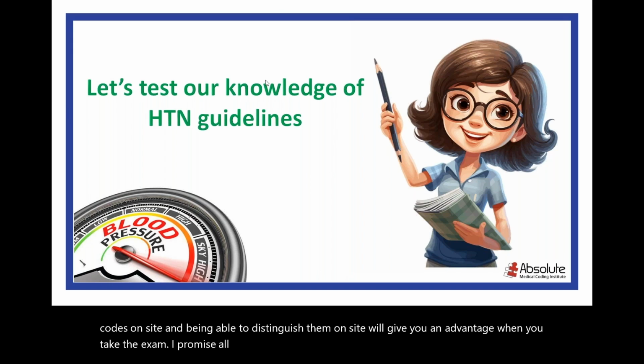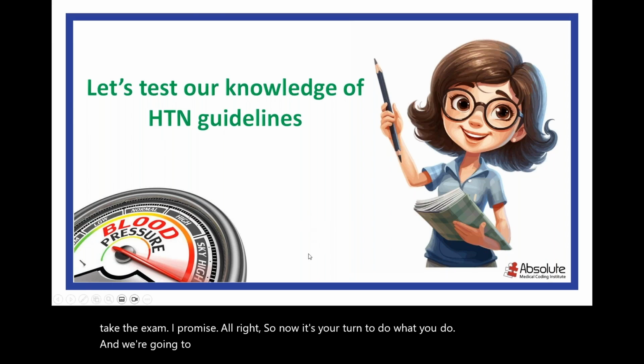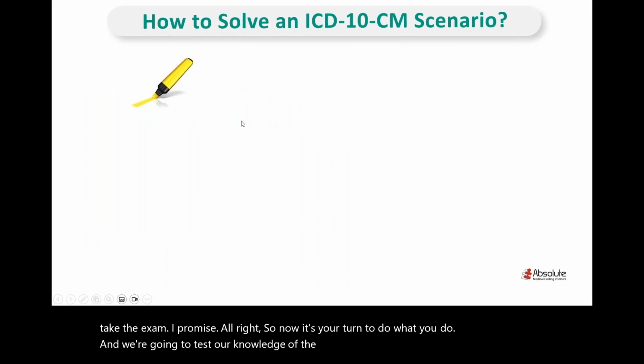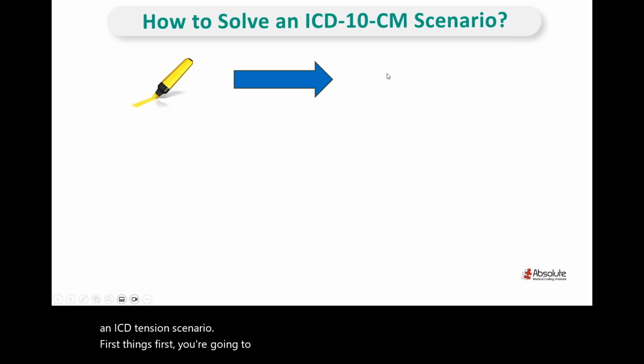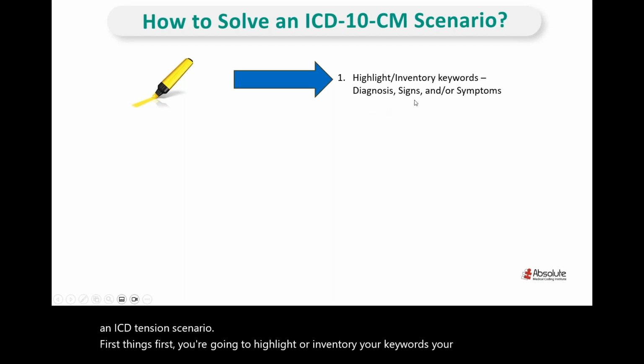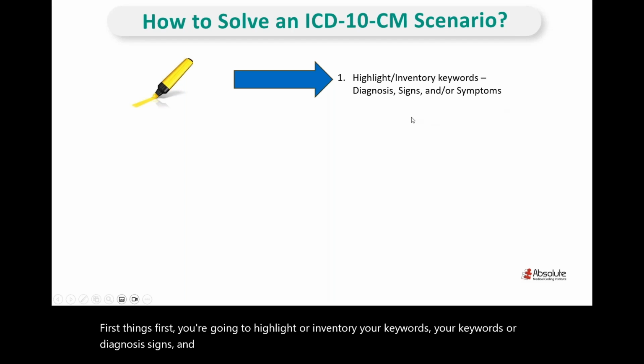All right. So now it's your turn to do what you do, and we're going to test our knowledge of the guidelines. But first, let's review how to solve an ICD-10-CM scenario. First things first, you're going to highlight or inventory your keywords. Your keywords are diagnoses, signs, and or symptoms.